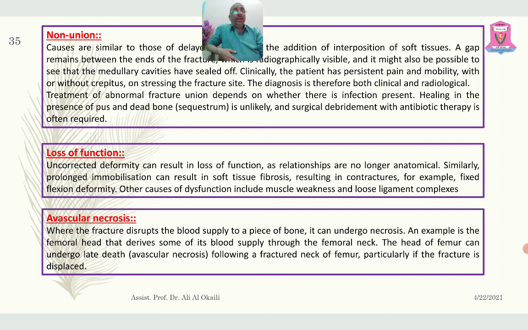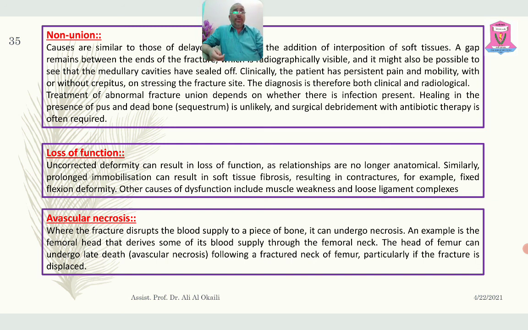Treatment of abnormal fracture union depends on whether there is infection present. Healing in the presence of pus and dead bone sequestra is unlikely, and surgical debridement with antibiotic therapy is often required. Loss of function: uncorrected deformity can result in loss of function. إذا العظمة إذا صار هيلينج بس إيدها ظلت عوجة حيفقد وظيفتها لعمل هذا الطرف, as the relationship is no longer anatomical.